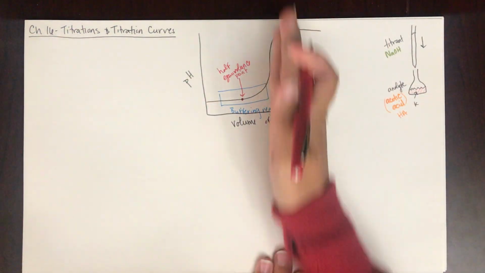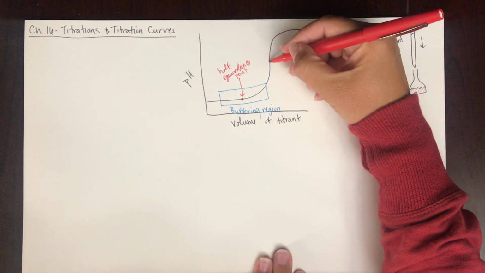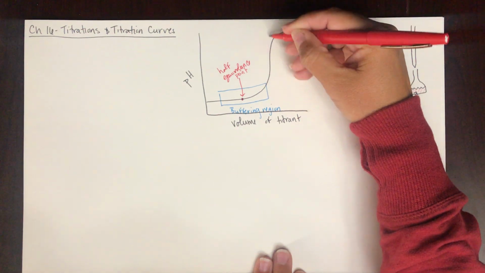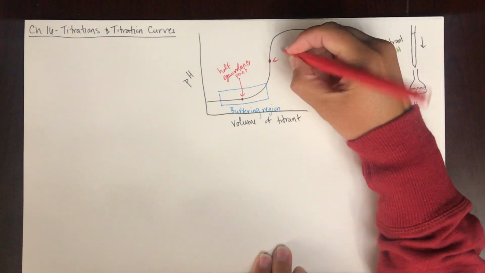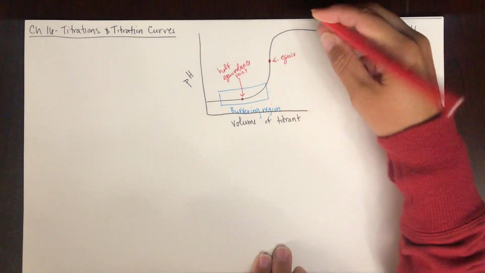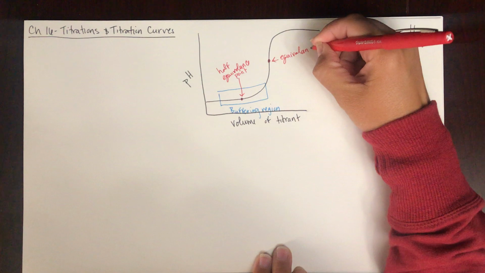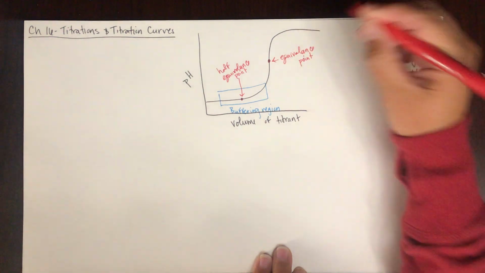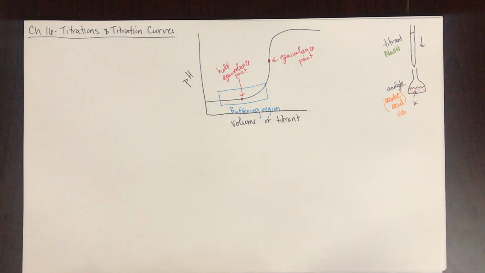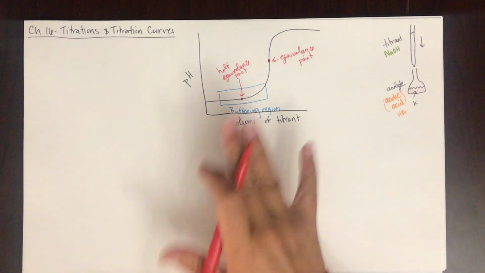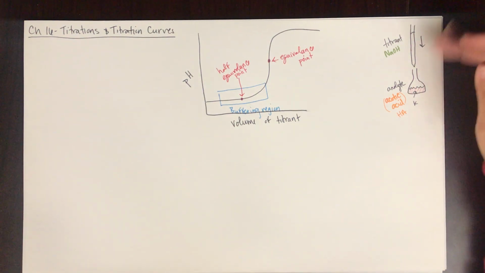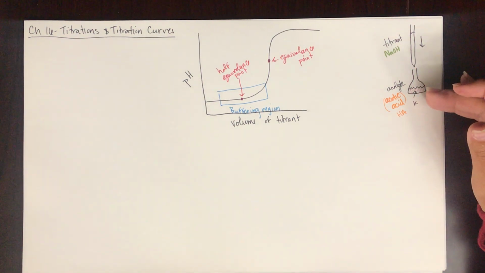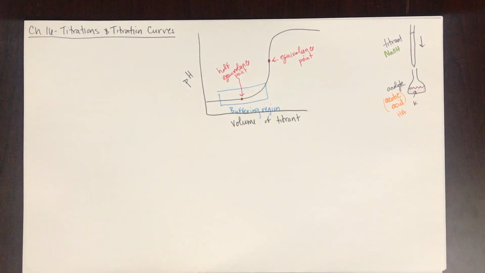And here, where it is totally vertical, halfway through this vertical part, we'll say right here, this is called the equivalence point. So you're going to have seen all of this in lab. There will be animations and simulations for you to go through and virtually add titrant to this analyte and see how this graph is produced.